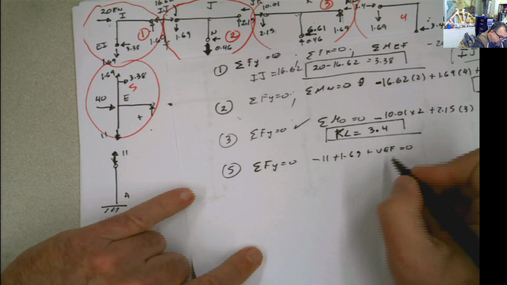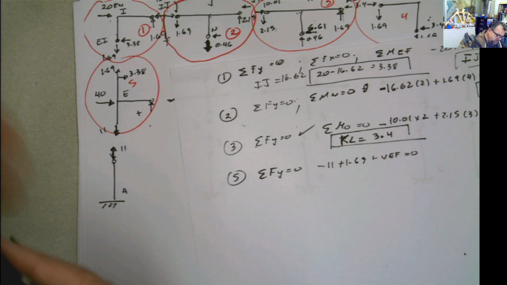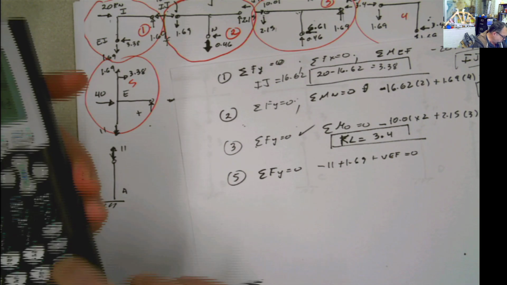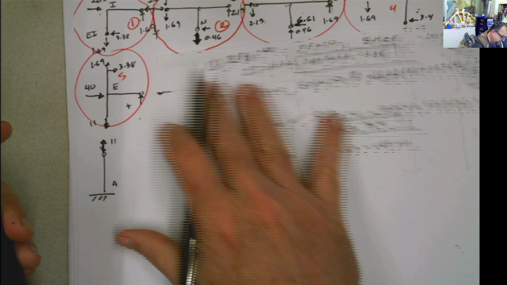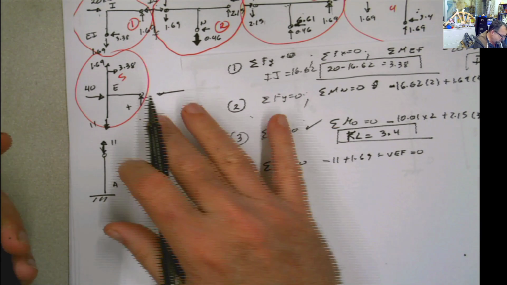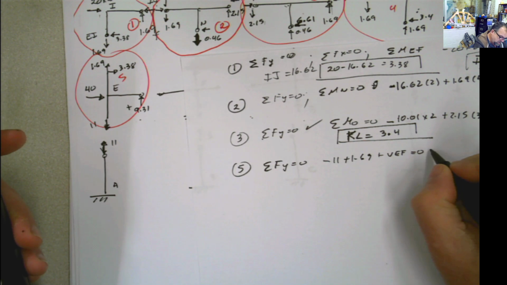You can come directly here and say this value is 11 minus 1.69. Is there any other value that I have? I don't have any other value that I know of, so this value is 9.31, right there.